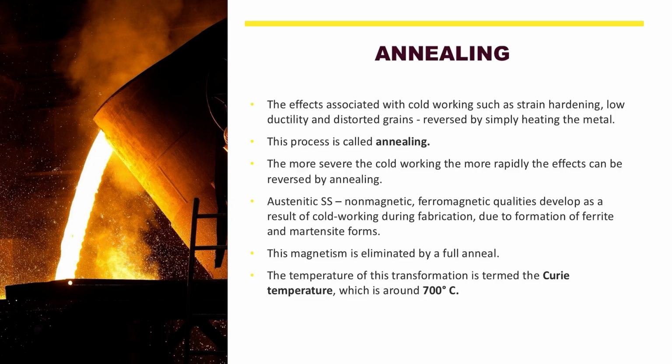Austenitic stainless steel is non-magnetic, but ferromagnetic qualities develop as a result of cold working during fabrication due to formation of ferrite and martensitic forms. This magnetism is eliminated by a full anneal. The temperature of this transformation is termed the Curie temperature, which is around 700 degrees Celsius.